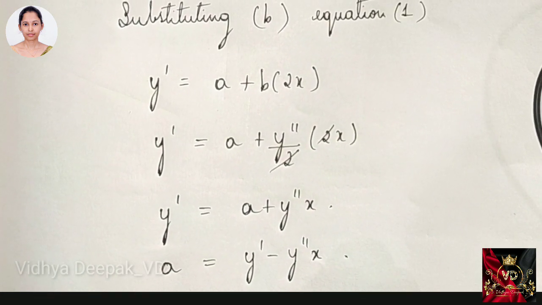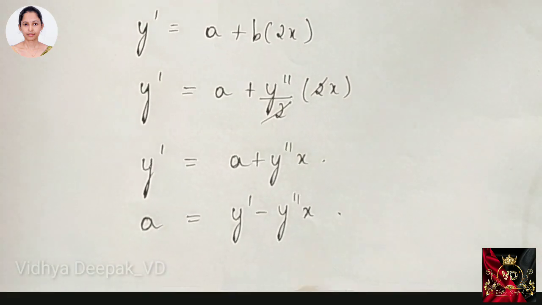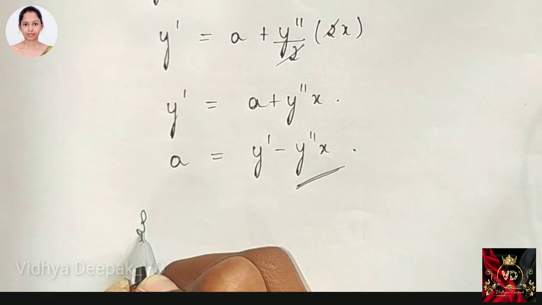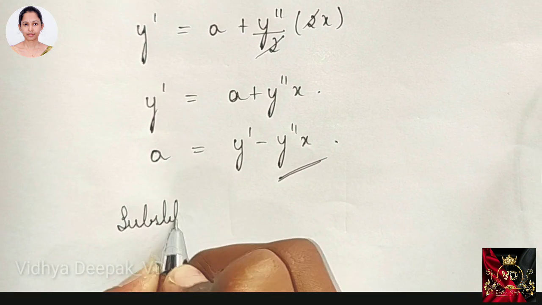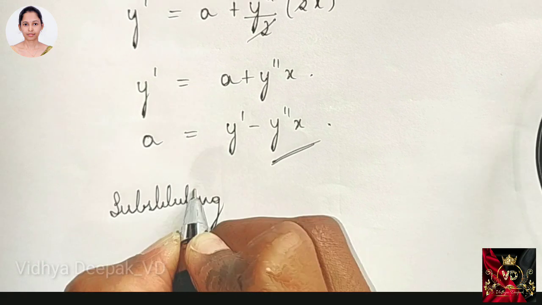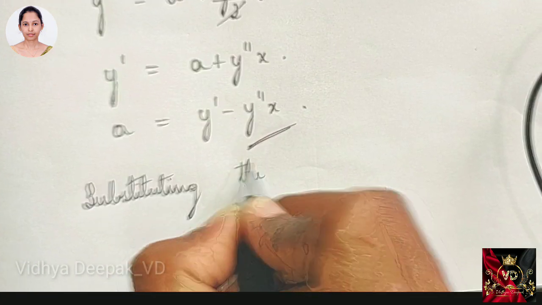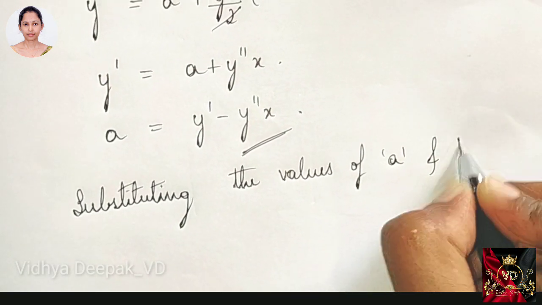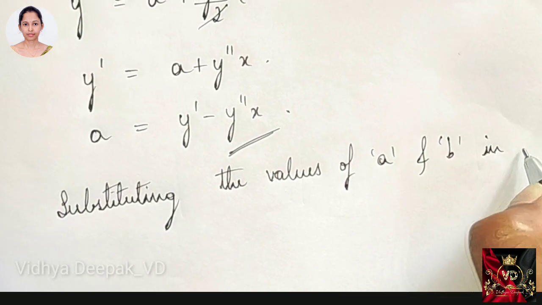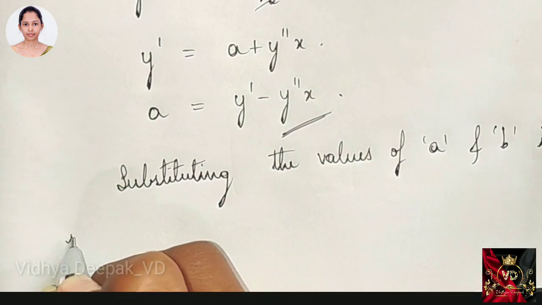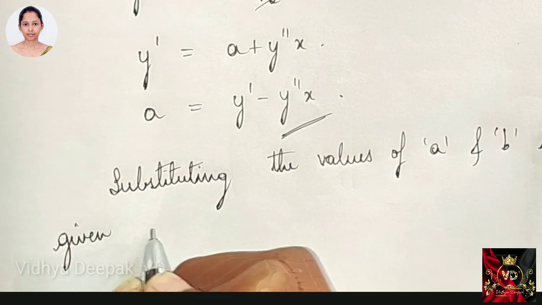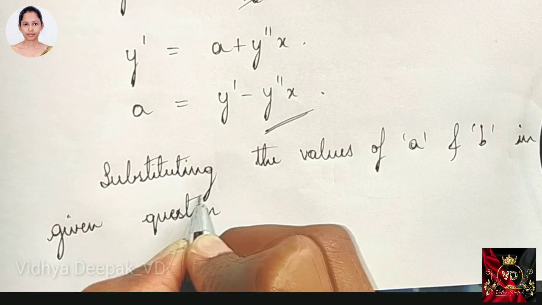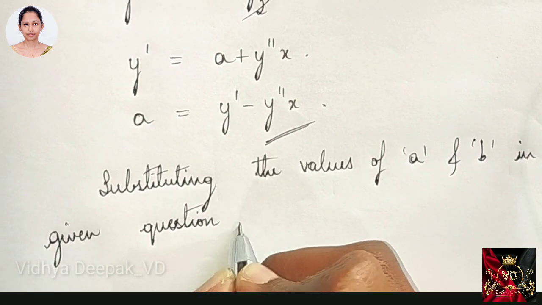So now substituting the values of a and b in the given question, what do we have?